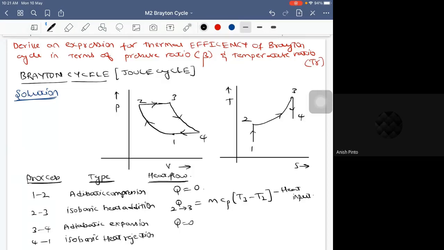And 4. Okay, so this is the PV diagram, TS diagram, as well as the various processes that happen in the Brayton cycle. Okay, so this is 4 to 1. Again, it is calculated as mCp into T1 minus T4. So this is heat output, I can say.